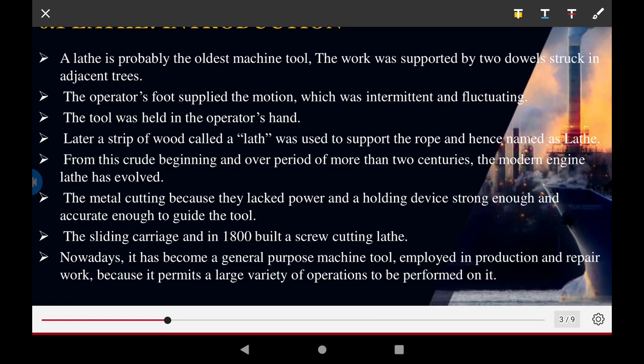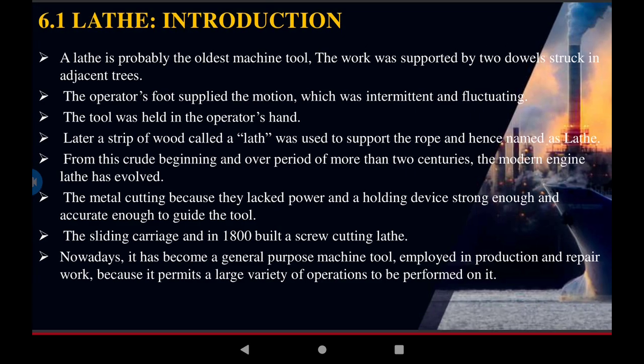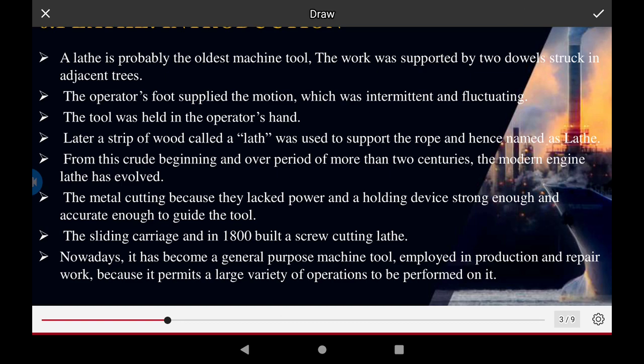Introduction to the lathe machine. What is the lathe machine? A lathe is probably one of the oldest machine tools. The work was supported between two trees, and the operator applied the motion.